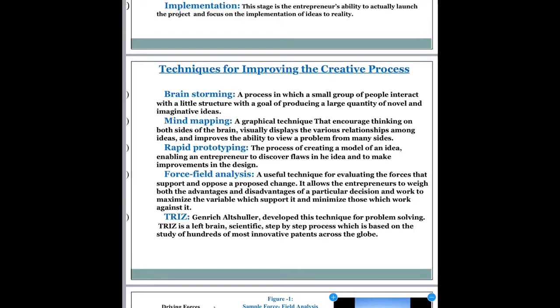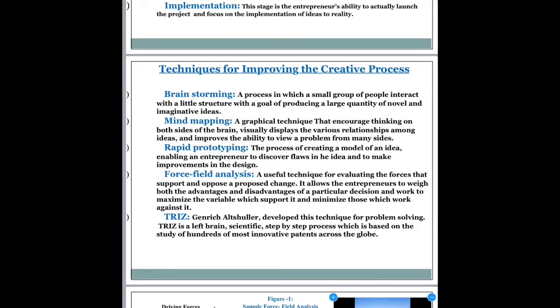Then another method, a technique which is very useful, is used for evaluating the forces which are in support of the idea or the project, and on the other hand, those which oppose the proposed change. This whole technique is called force field analysis.